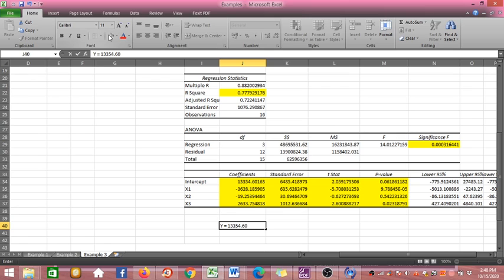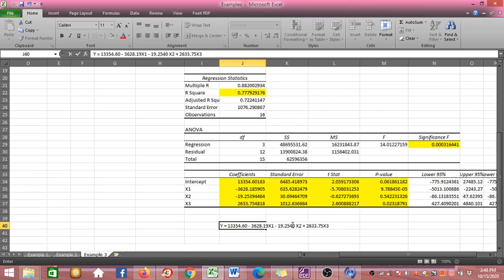Remember, we will just consider two decimal points, and then minus kasi negative yung coefficient ni x1, 3628.19 x1, huwag kakalimutan yung variable, and then minus ulit 19.2540 x2, and then yung last coefficient is positive, so plus 2633.75 x3.